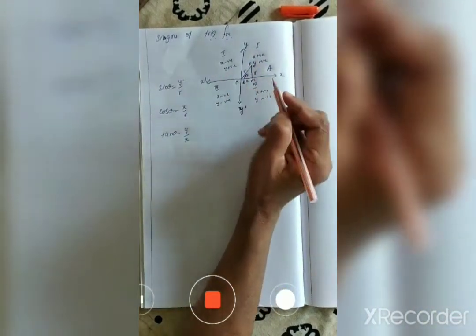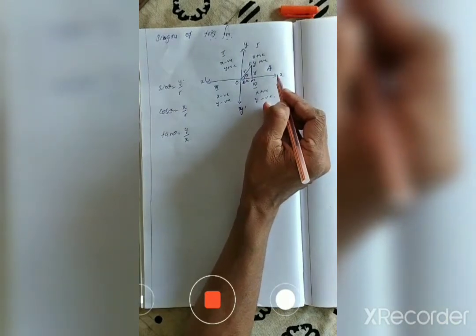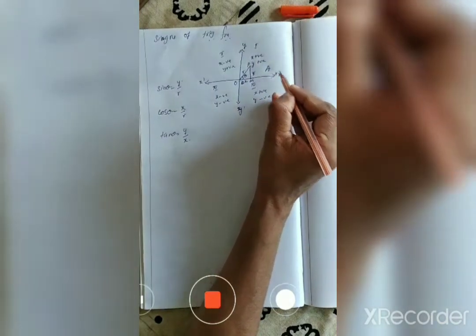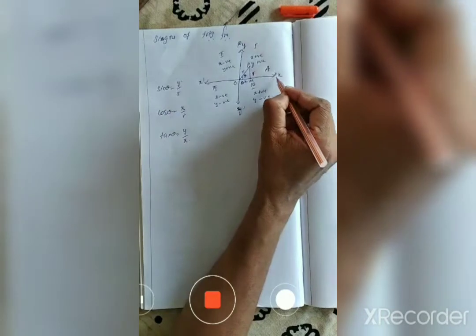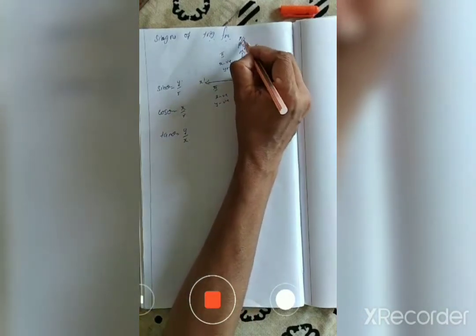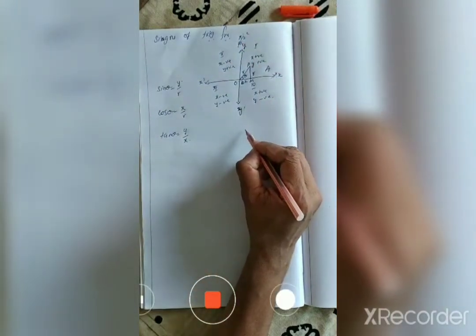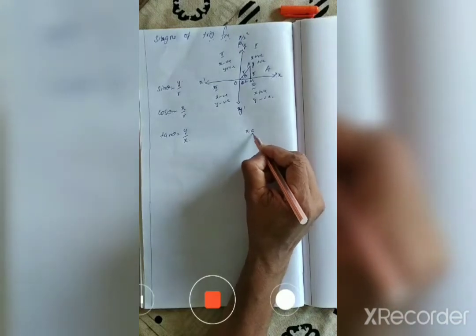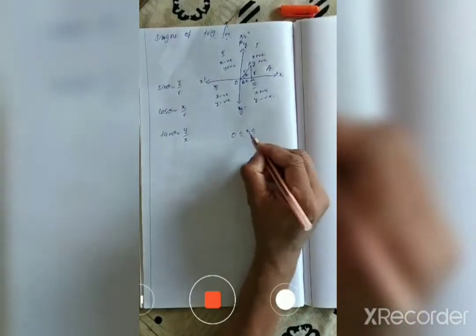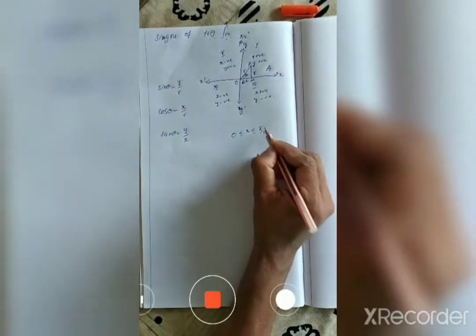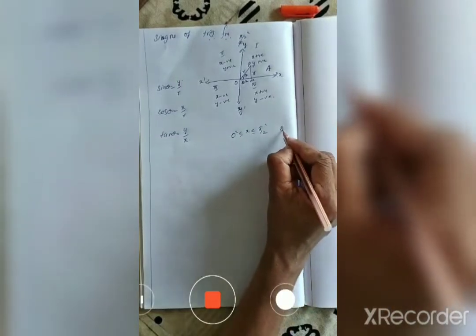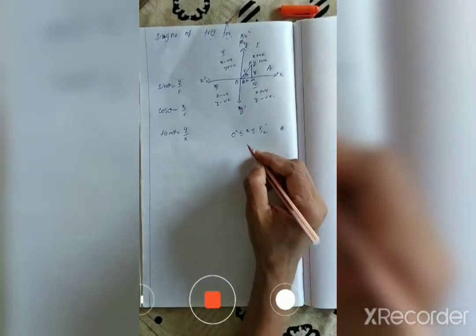First quadrant in the sense the angles lie between 0 degree and 90 degree, or 0 radians to pi by 2 radians. If the angle lies between 0 radians and pi by 2 radians, then all trigonometric functions are positive.